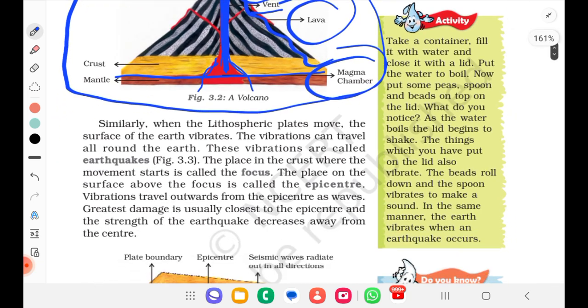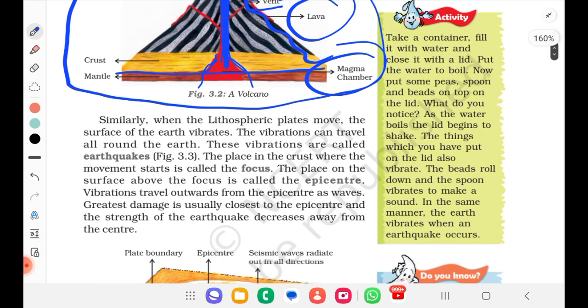Okay. Similarly, when the lithospheric plates move, the surface of the earth vibrates. When lithospheric plates move, they can't move so slowly without any vibration. Vibrations are common, so it will vibrate. The vibration can travel all around the earth. These vibrations are called earthquakes.